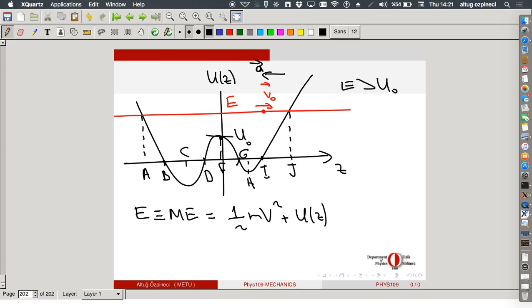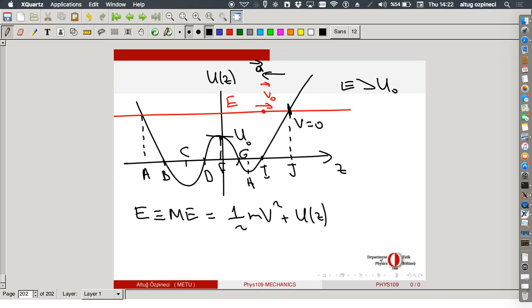Now let's say it's moving and it reaches this point, where the potential energy is equal to the total energy of the system. So what happened to the kinetic energy? It is zero. It will just stop over there. This is where it stops. At this point, v is equal to 0.